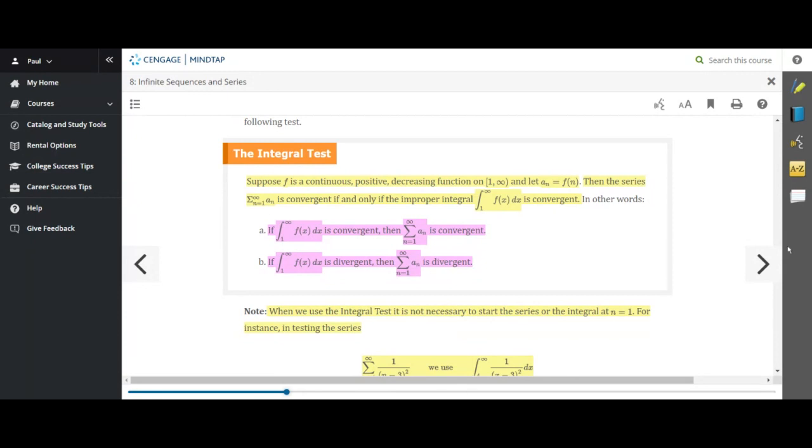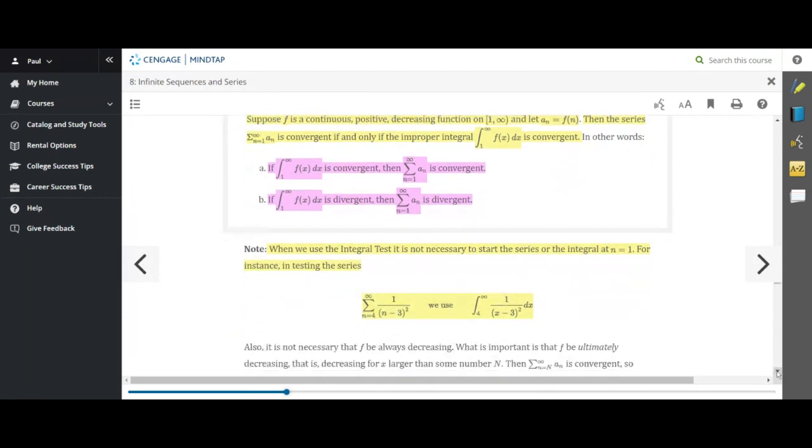And they note here also that with the integral test, it's not necessary to start the series or the integral at n equals 1. If you had the series starting at n equals 4 to infinity, you had one of those in your homework, right? That series you could model with an improper integral starting at 4. You see, a bottom limit of 4.